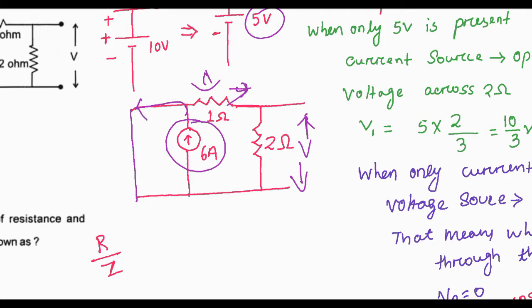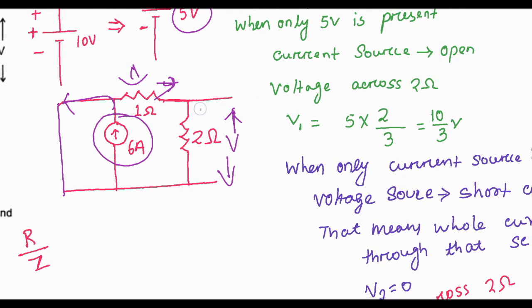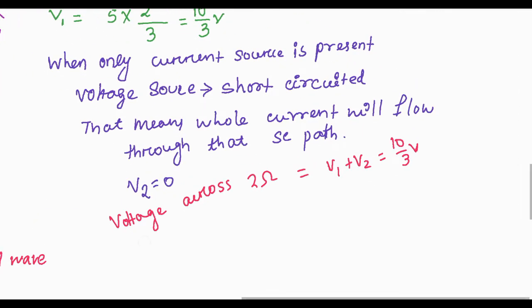So the voltage across this will be 0 because this is short circuited and all the current is flowing in this direction. So for the second part, V2 is 0.